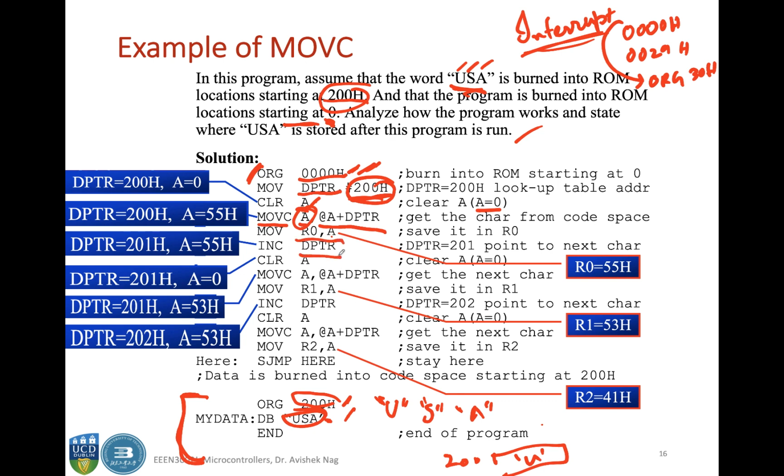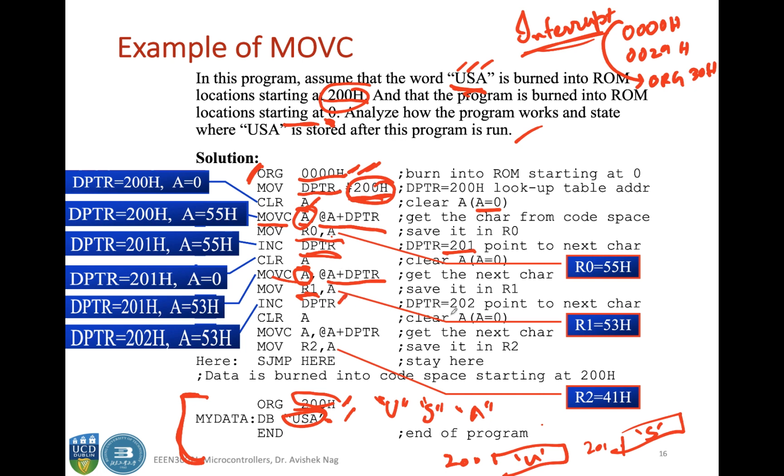Then you are incrementing the DPTR, so that the DPTR is now pointing to 201. You are clearing A, and then you are doing MOVC A, @A+DPTR. So now you are bringing the data from memory location 201 to the accumulator, and in 201 you have S. So S is moved to the accumulator in this line, and that is saved in R1.